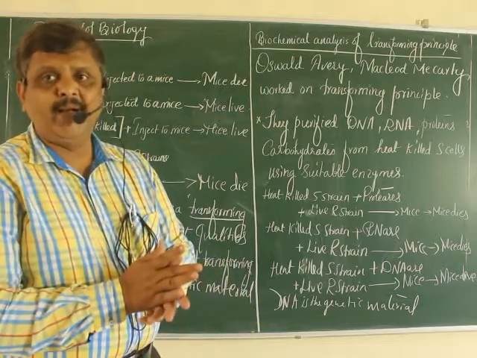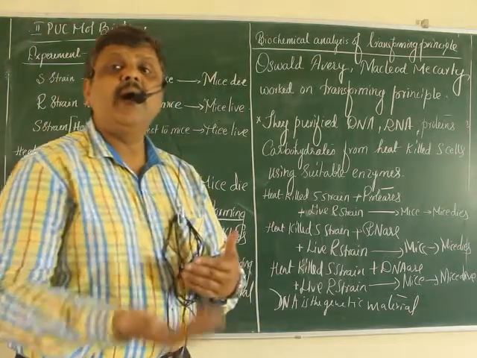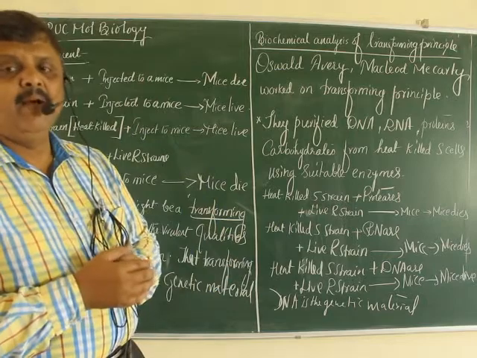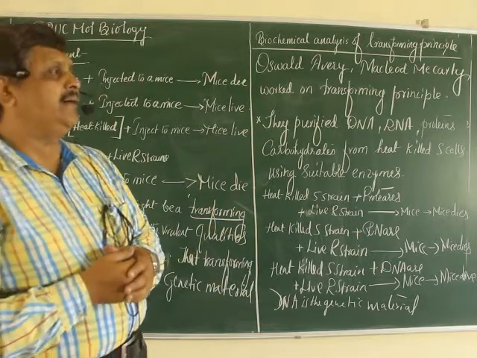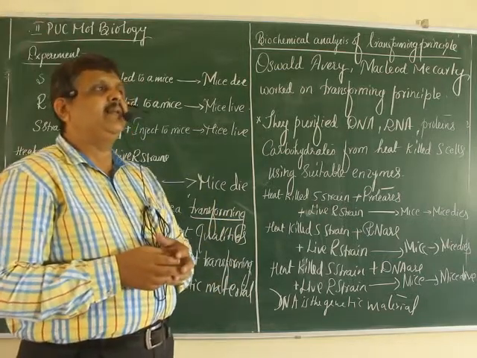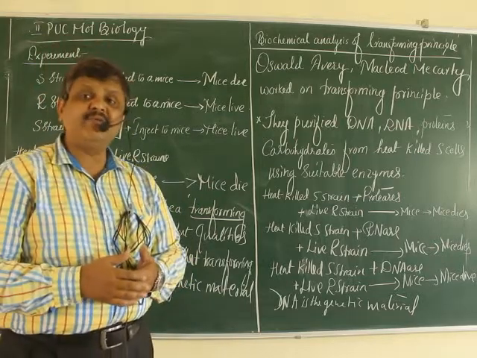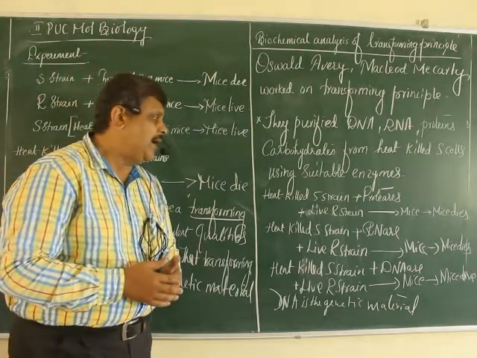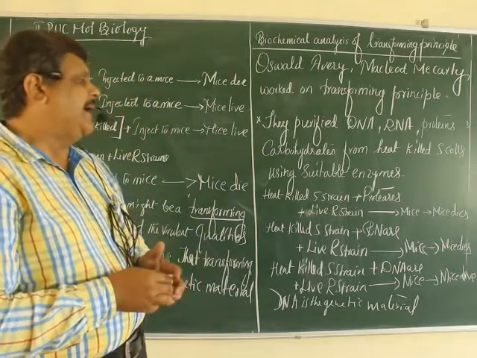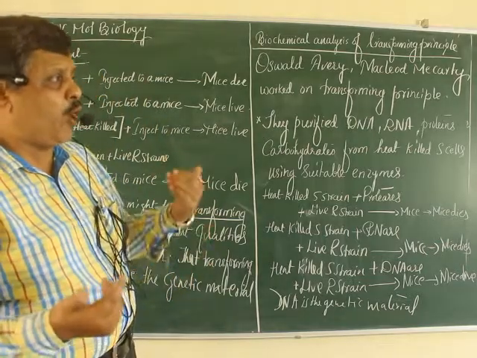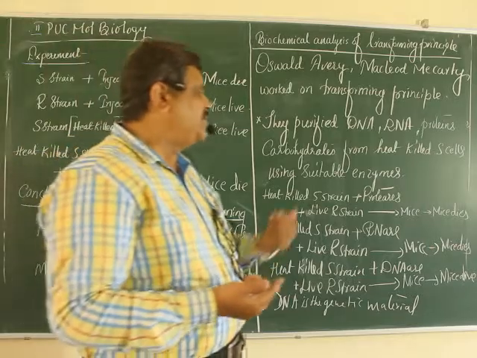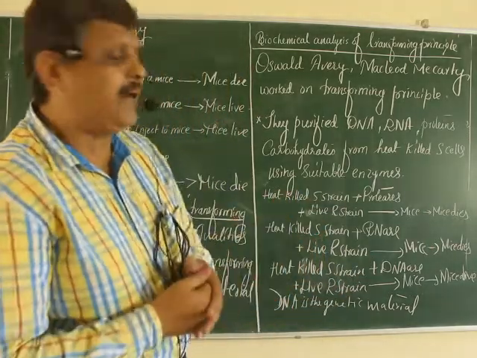Then they used RNase by taking another colony of dead S-strain, nullified the RNA inside the boiled S-strain, mixed it with live non-virulent R-strain and injected to the mice. The mice dies.